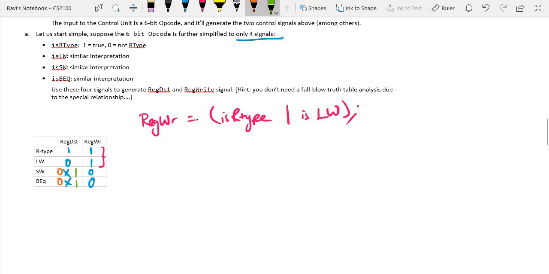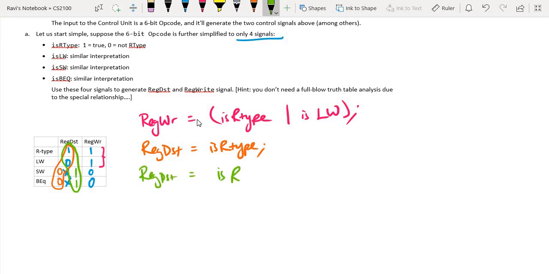If I take the first option of interpreting it as 0, 0, then I can easily write that register destination is equal to is R-type. Or if I take the other option of putting them as 1, 1, then I can also say the register destination is equal to is R-type or is store word or is BEQ. So that is one way of interpreting it.